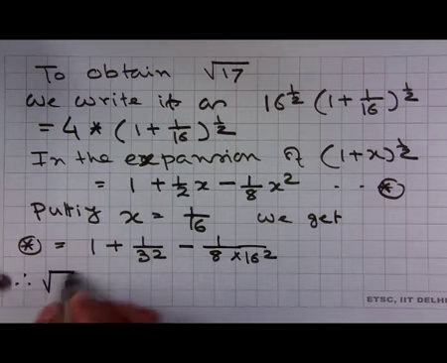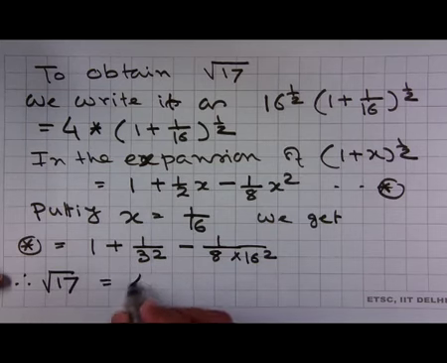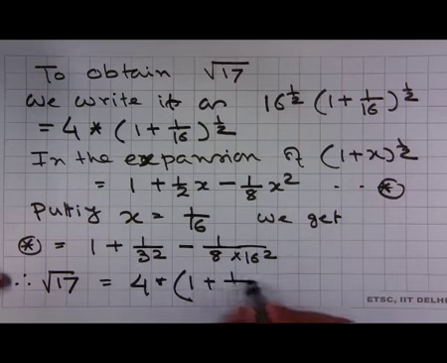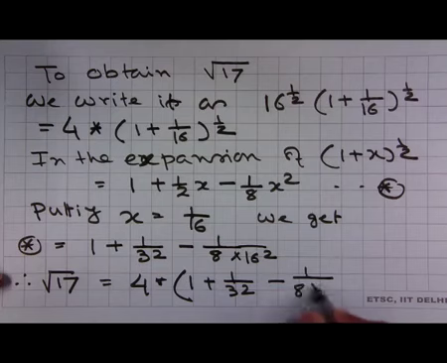Therefore, root 17 is equal to 4 into 1 plus 1 by 32 minus 1 by 8 into 16 square.